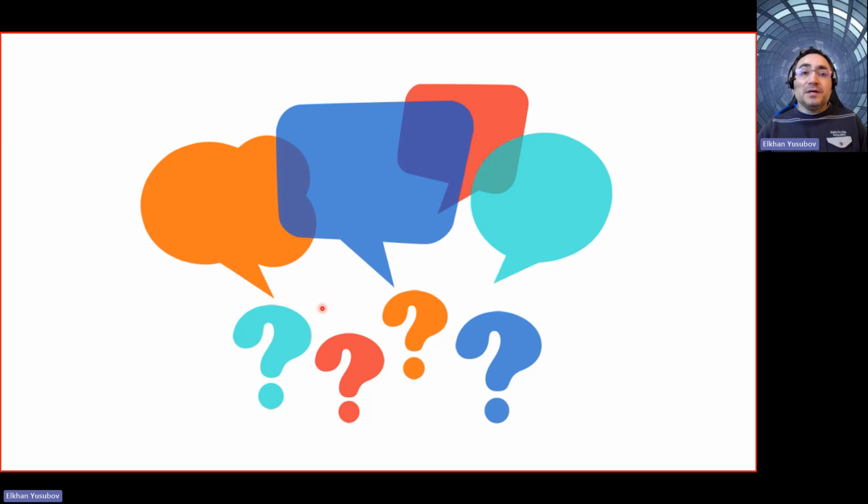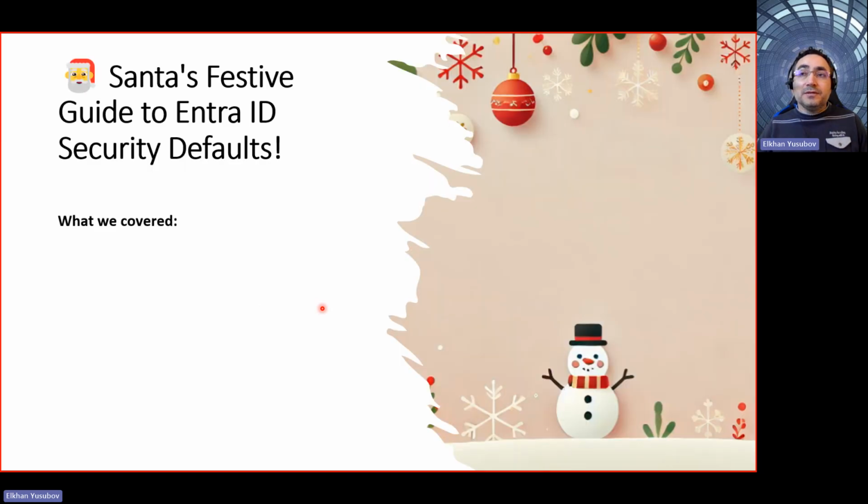So let's wrap up here and see what we learned during this session. This was a short session, but to the point of explaining Entra ID security defaults. We started by covering what it is and why you would need it.